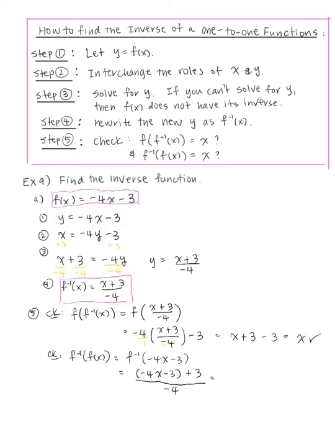Let's simplify the numerator: negative 4x minus 3 plus 3, whole thing over negative 4. The 3's cancel, so we get negative 4x over negative 4. Cancel the negative 4's, and we have the x back. So therefore, our f inverse of x is truly x plus 3, whole thing divided by negative 4.